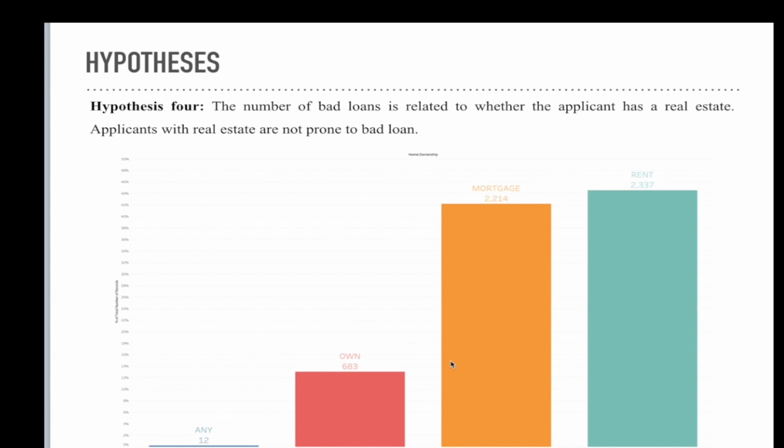My fourth hypothesis is that the number of bad loans is related to whether the applicant has real estate. Applicants with real estate are not prone to bad loans. As shown in the figure, applicants with real estate have fewer bad loans compared with people who are still paying a mortgage or rent.